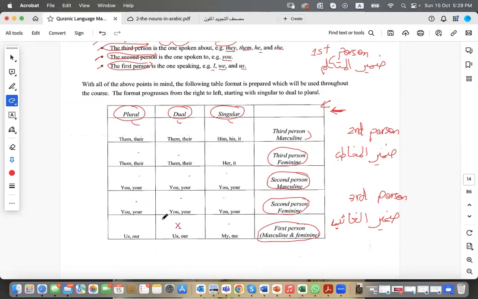You are going to use the plural for dual, so both these are the same.